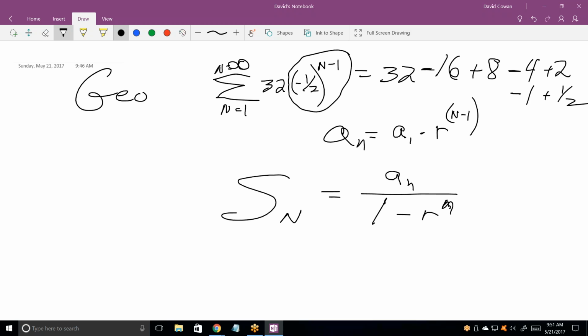I get these just seldom enough that I don't always have them memorized. Yeah, it's a sub 1 over 1 minus r. Just 1 minus r, not even to the n. So I did have it wrong.